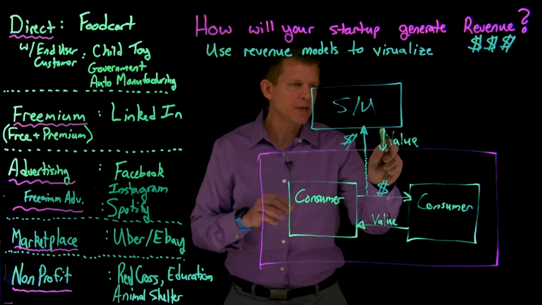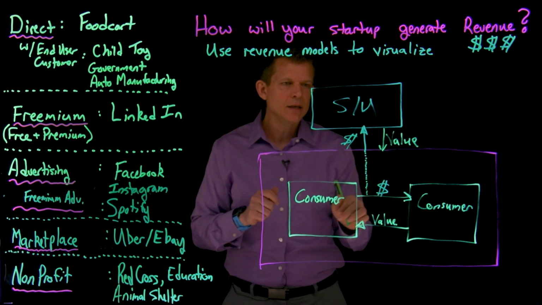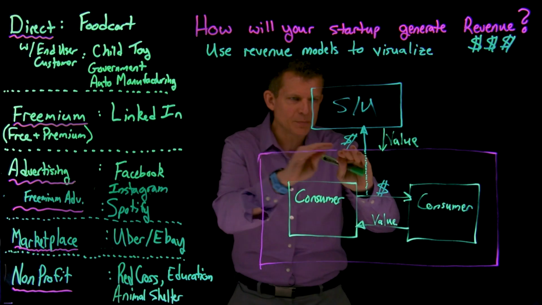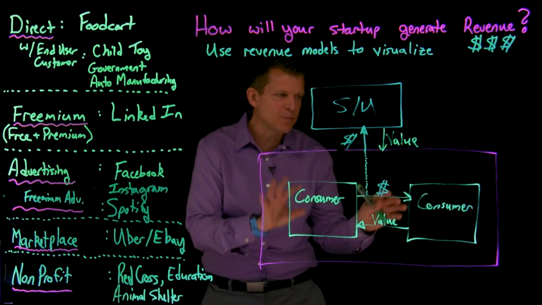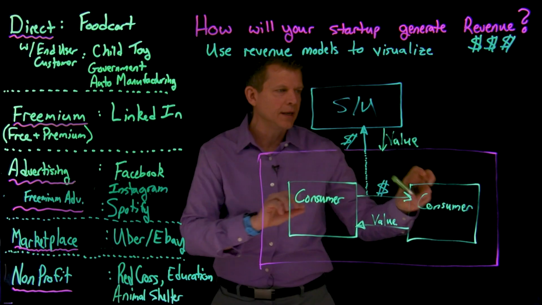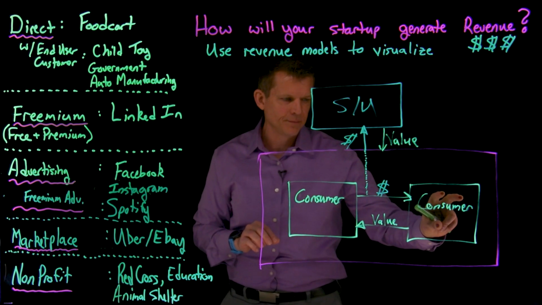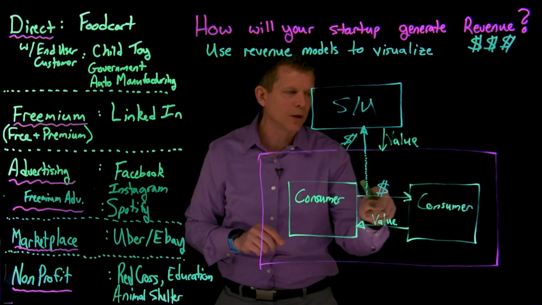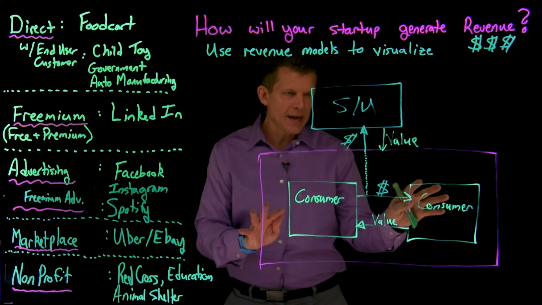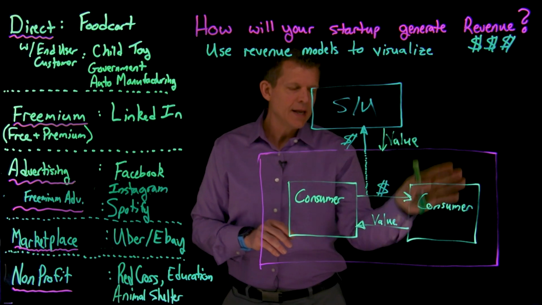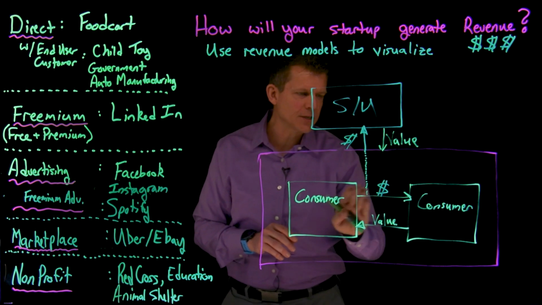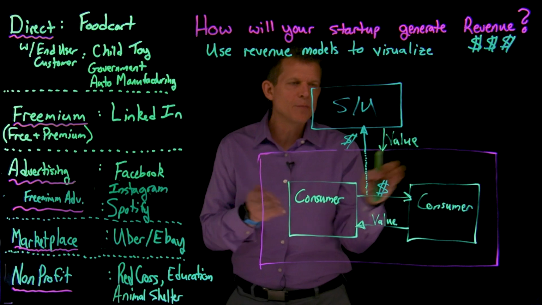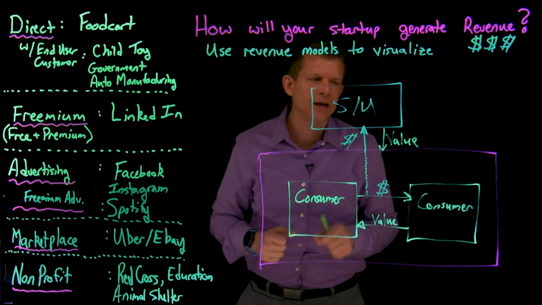So the startup creates value in the marketplace by creating this market where they bring consumer number one and consumer number two together. Within the market, there is an exchange of value for money, and the startup then takes some of that transaction of money back to themselves as their revenue.